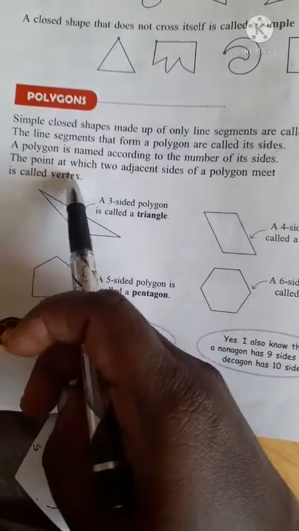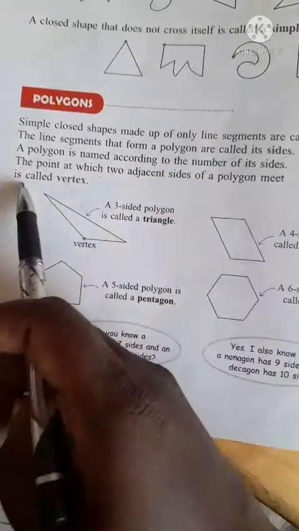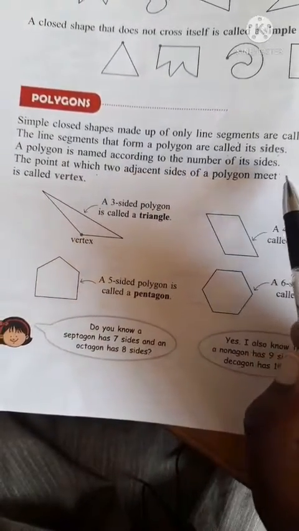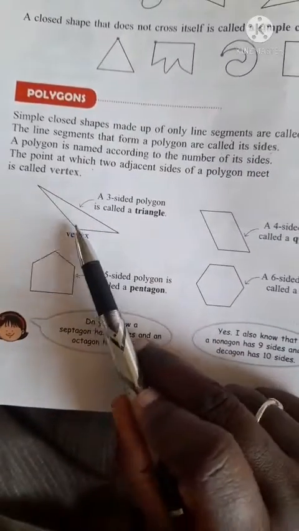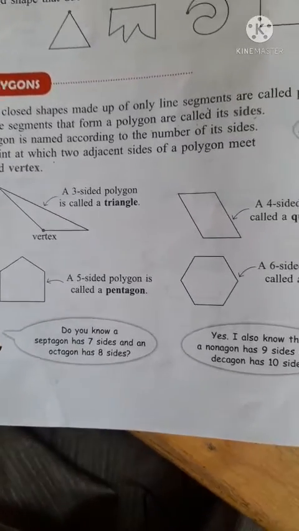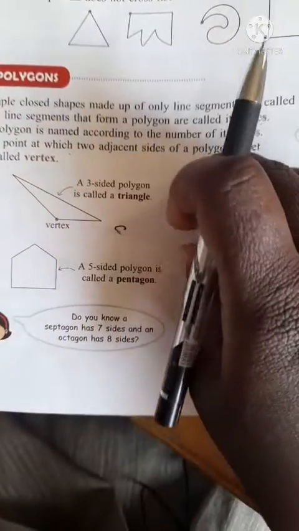The point at which two adjacent sides of a polygon meet is called a vertex. Now see the triangle shape they gave you.